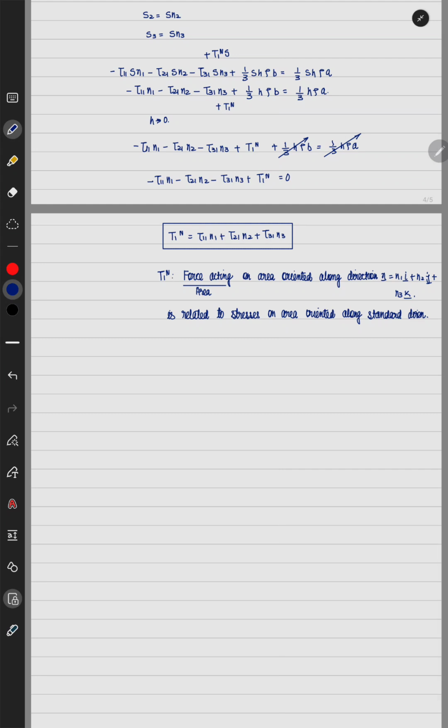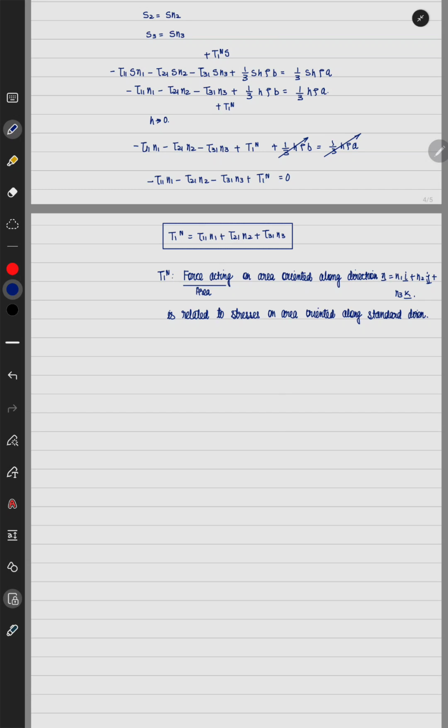Now for any area oriented along some direction n, I can write it in terms of tau 11, tau 21 and tau 31.